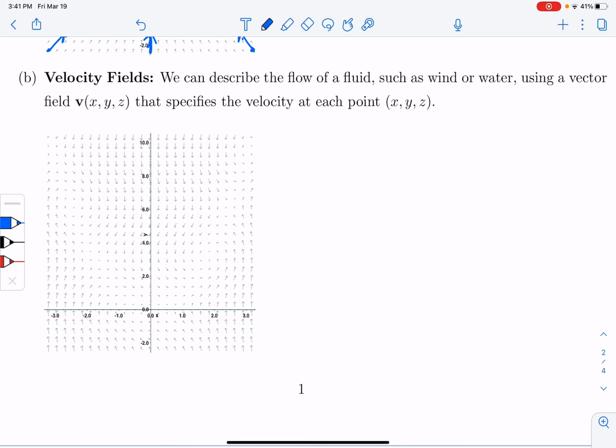So you could imagine if you put some sort of dye into this fluid, or some sort of pebble into the fluid, then it would follow the velocity field, essentially the currents of that velocity field. Okay, so I could put a pebble in here and maybe it would follow the currents of this velocity field. Okay, just following the arrows.